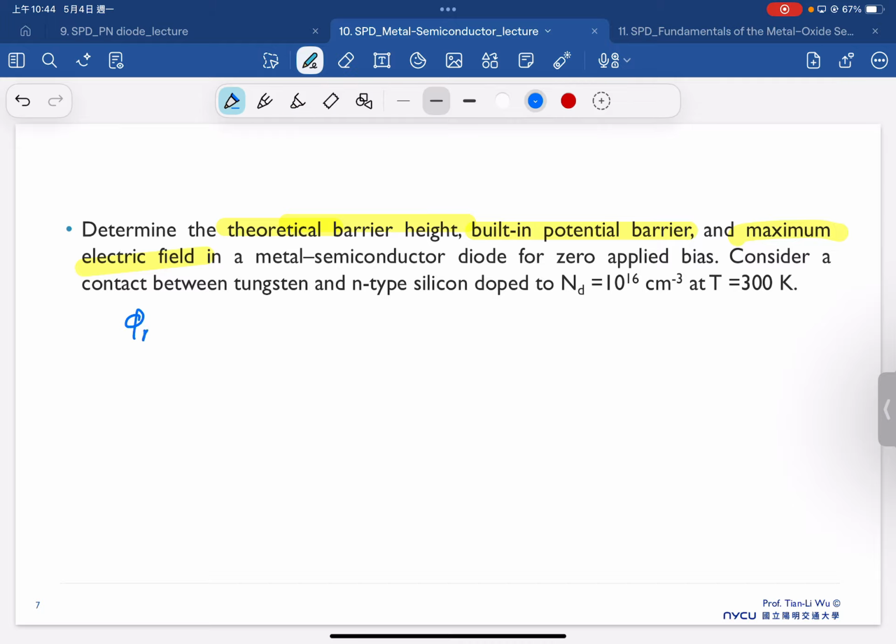We have the phi m for tungsten, which is 4.55 volt. And we have the electron affinity for silicon, which is 4.01 volt.